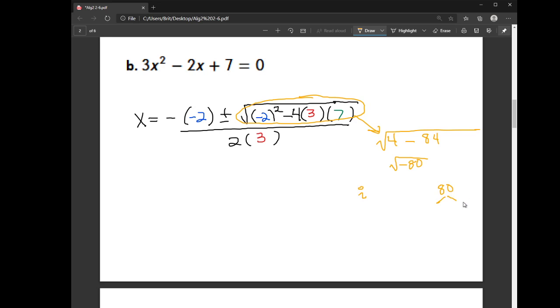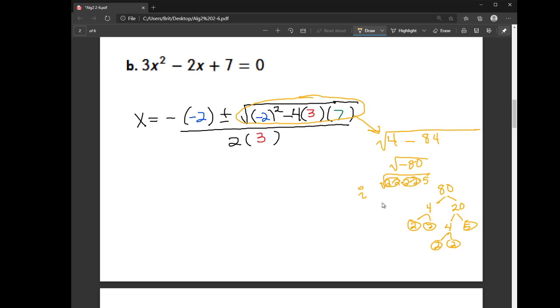So now we're going to decompose that 80, right? I know that if I have 4 $20 bills, I have $80. So 4 decomposes into 2 times 2. And 20 is 4 times 5, so then we can break apart this 4 as well. So the square root of 80 is the same thing as 2 times 2 times 2 times 2 times 5.